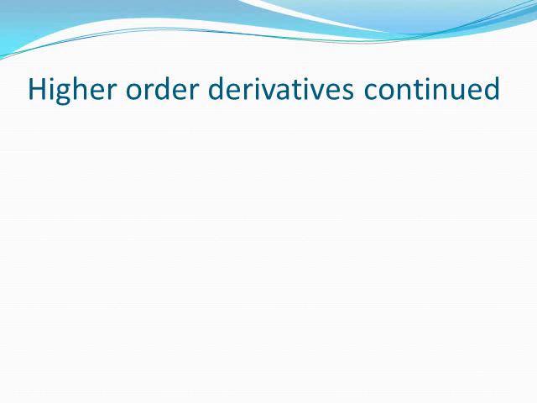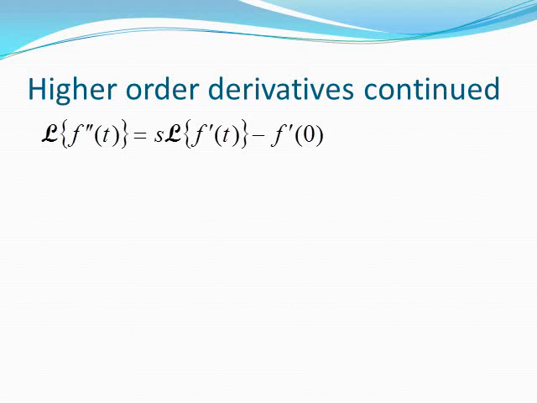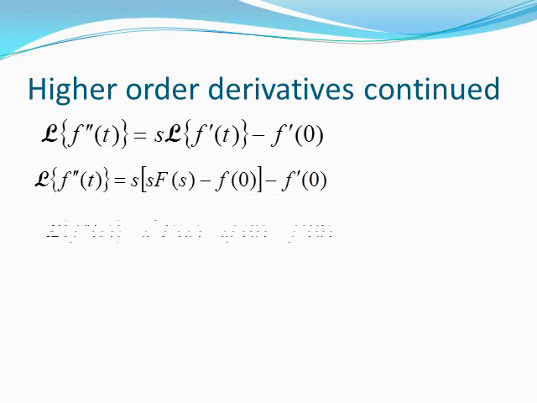And so now I just plug in the definition for the Laplace transform of the first derivative of f, which we've already done. We do that, we carry out the multiplications for s, and we get this definition. Notice that I have s squared times the Laplace transform of f minus s times the initial value of f minus the first derivative's initial value.